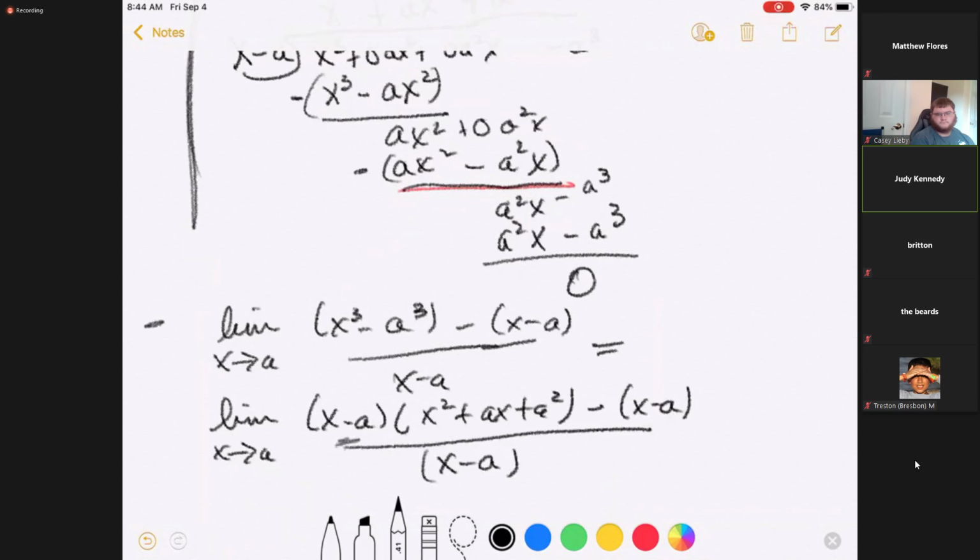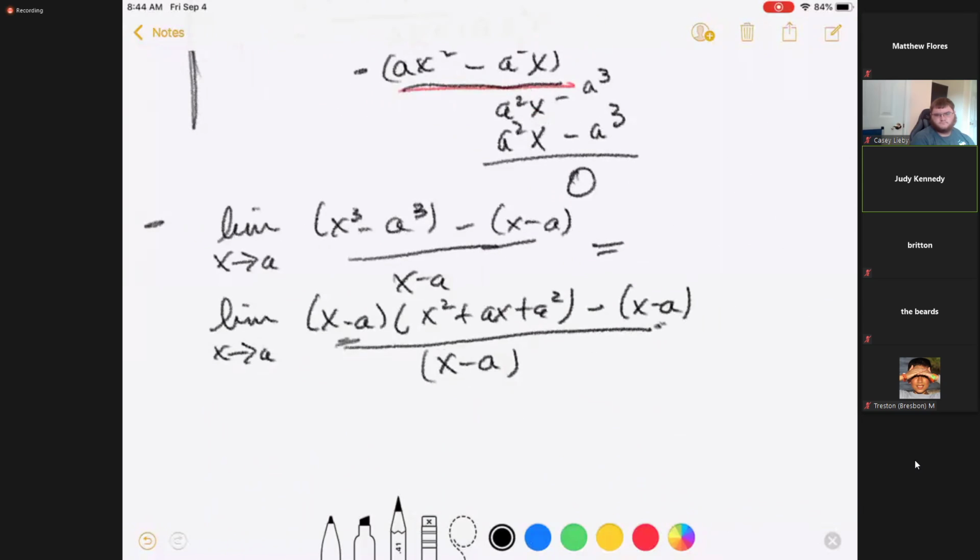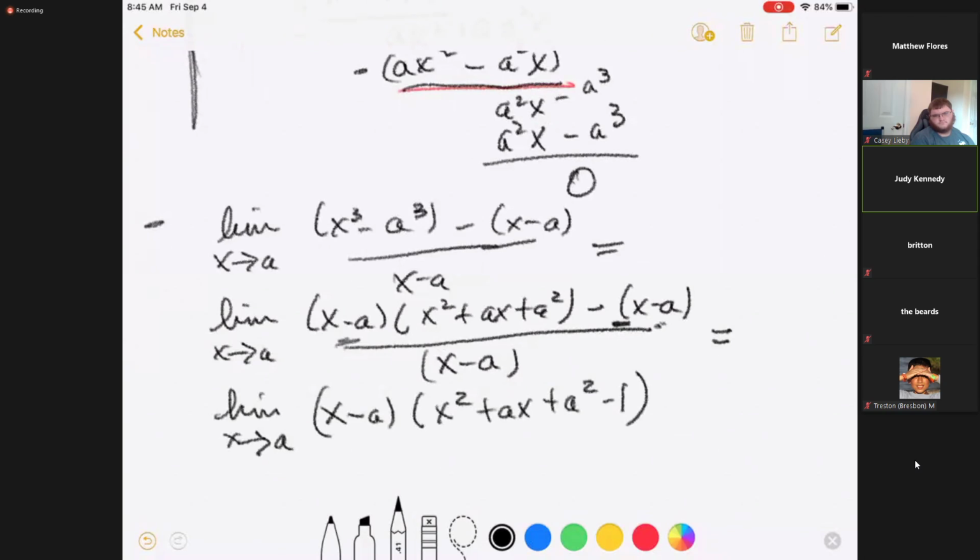I've got x minus a there and x minus a there. So I can factor x minus a out of the numerator, and I have x squared plus ax plus a squared, and then this part gives me minus 1, and it's all over x minus a. By doing that, I've got x minus a as a factor on the top and on the bottom. I can cancel.